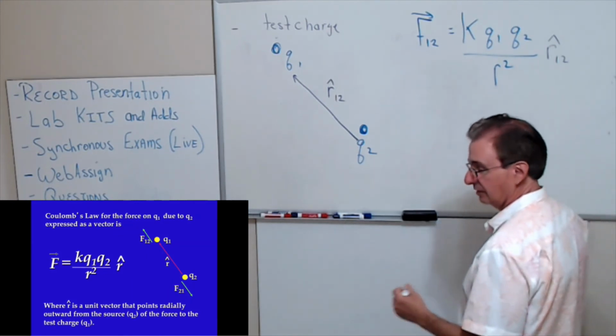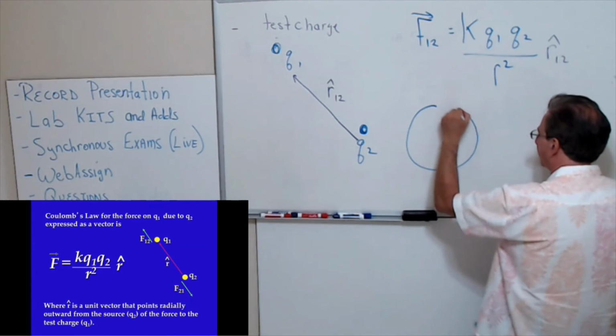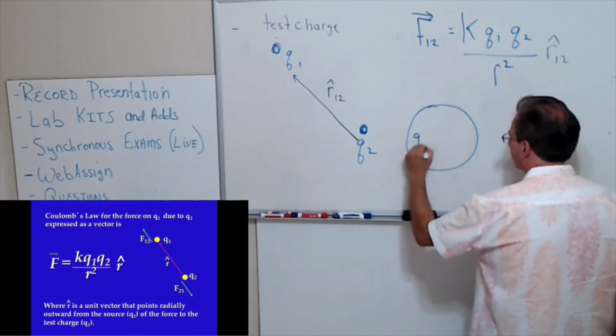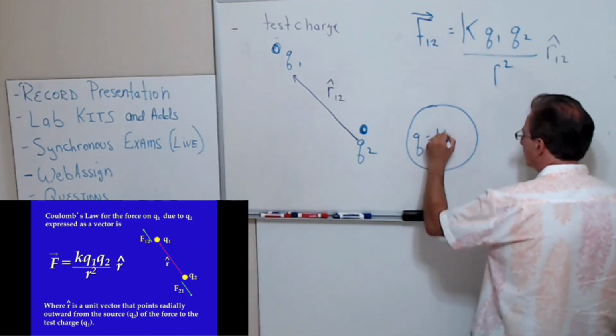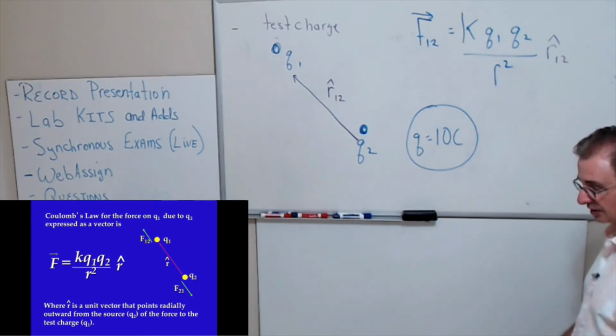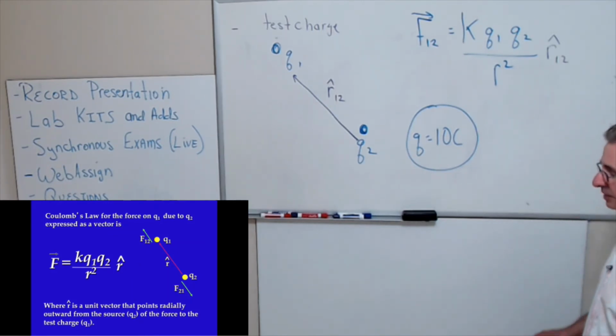Suppose I have a big object, the charge is 10 coulombs. By the way, 10 coulombs is a monstrous amount of charge. That's probably the amount of charge you get in a lightning bolt. But just for our purposes, we'll use this.